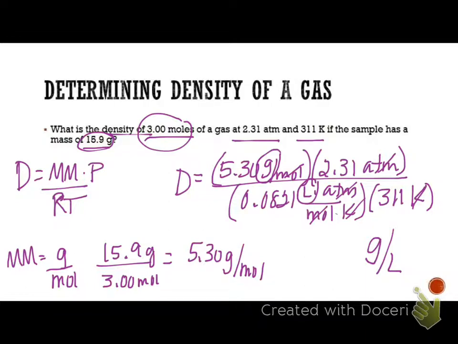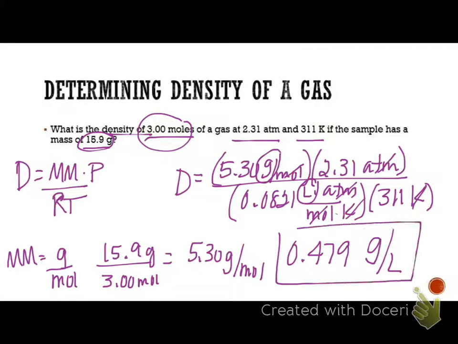And so when we multiply the top and divide by the bottom, we get 0.479 grams per liter. And that is our density.